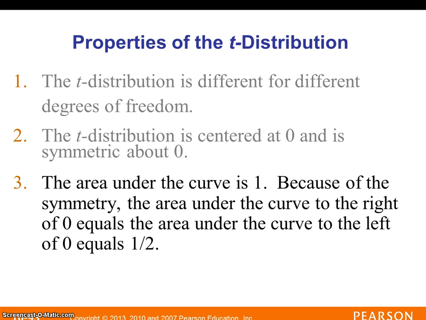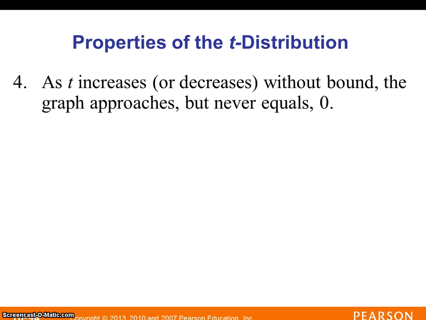The area under the curve is 1, just like any probability distribution. As t increases or decreases without bound, the graph approaches but never equals 0, just like the standard normal distribution.